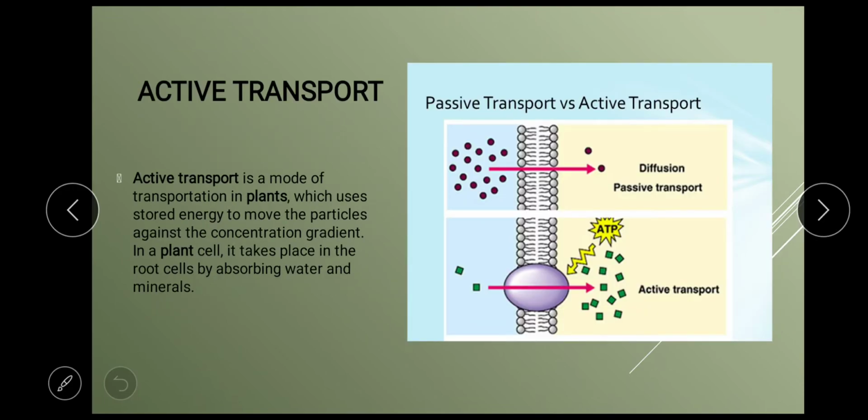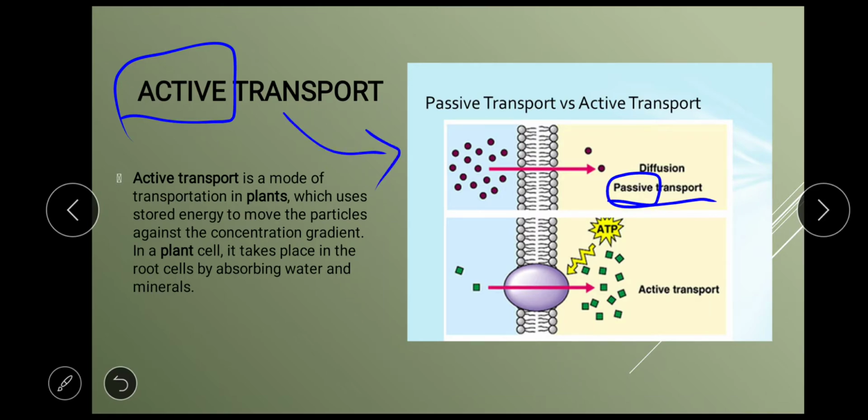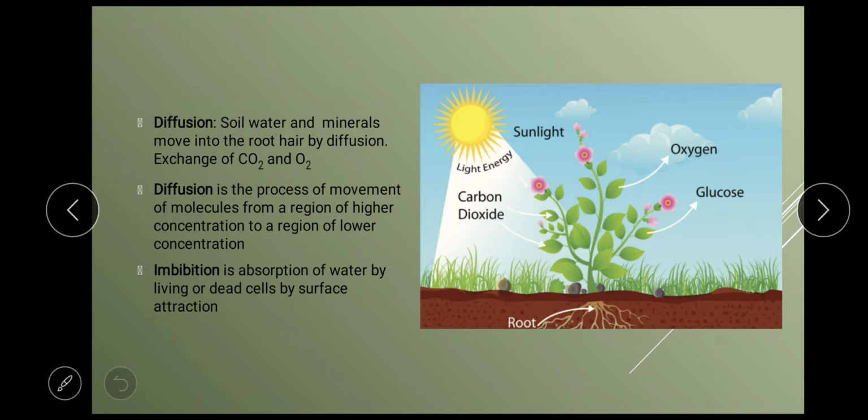Okay, next is active transport. Before active transport, you must understand the opposite of active transport, that is passive transport. What we studied till now, I told you that water goes from the soil into the roots. Why does water go into the roots?